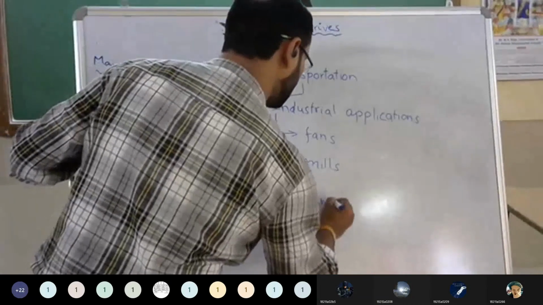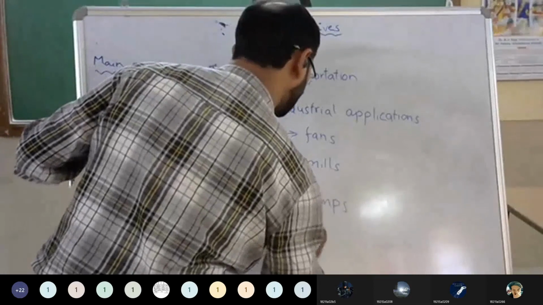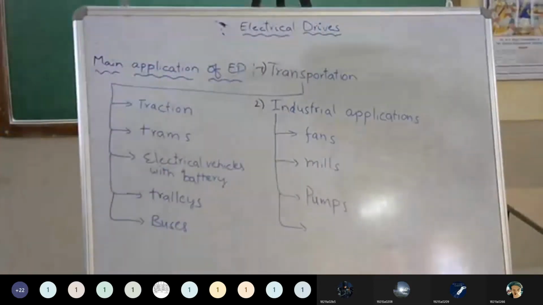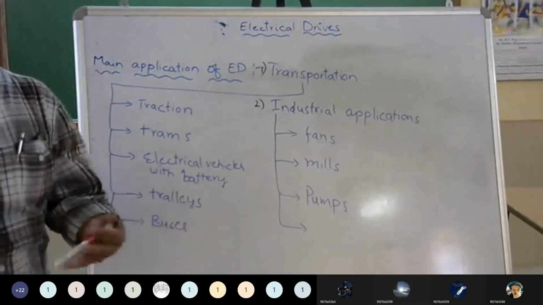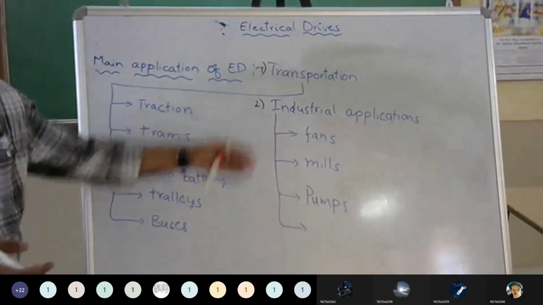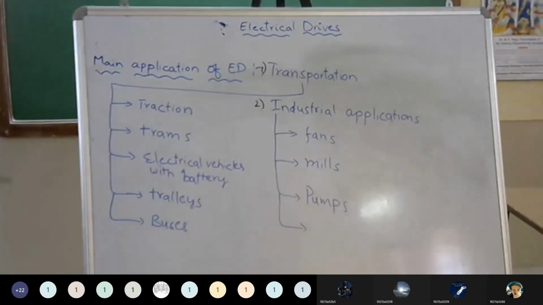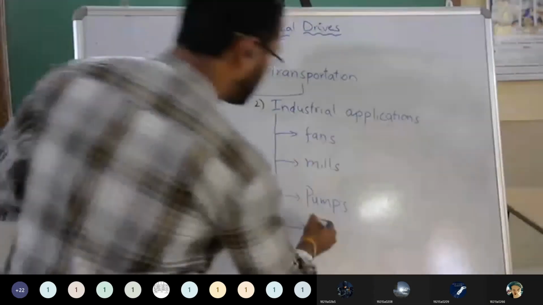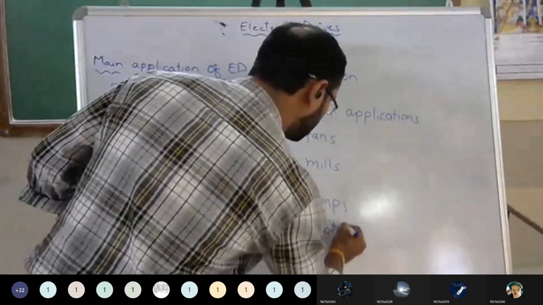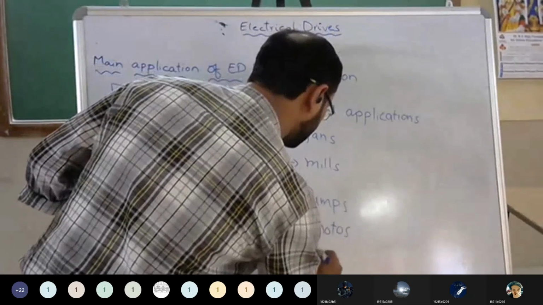So pumping systems, like water pumps we are using now in homes, will also be utilized as loads. To draw the water from the earth, there also we will use the drives only. And what else? So many examples are there. Motors, factories.